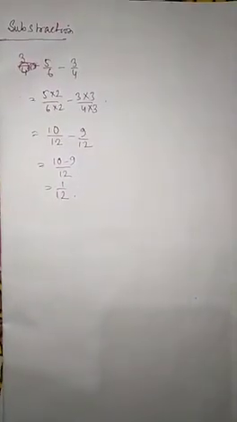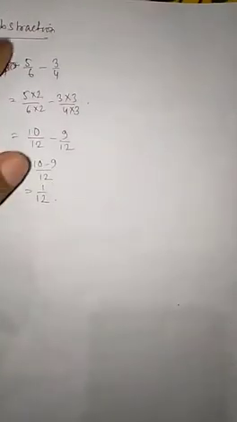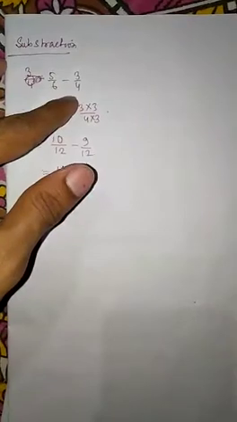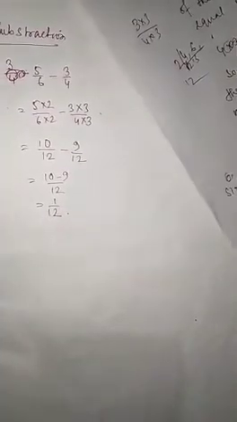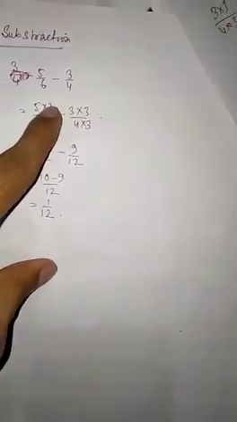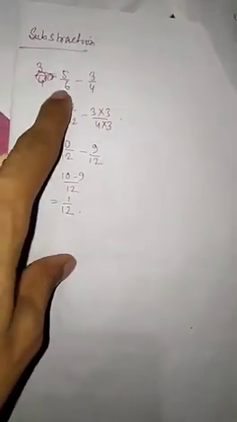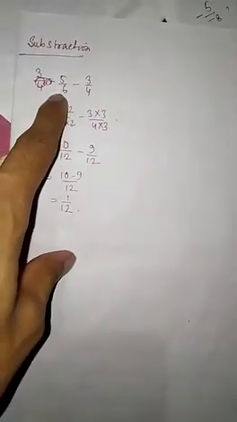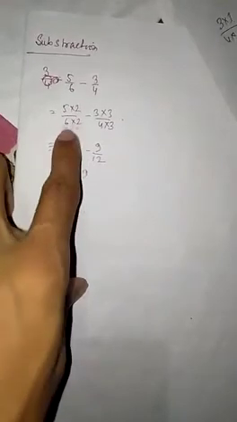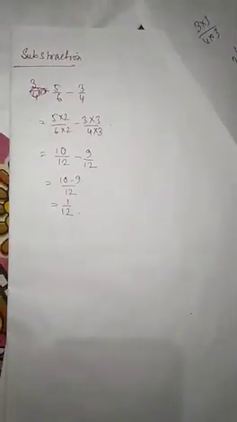In case of subtraction, if we consider 5 by 6 and 3 by 4 as two rational numbers, and we subtract 3 by 4 from 5 by 6, then we will have 5 by 6 minus 3 by 4. In this case also we need to know the LCM of 6 and 4. We know that the LCM is 12. So the same thing is applicable here.